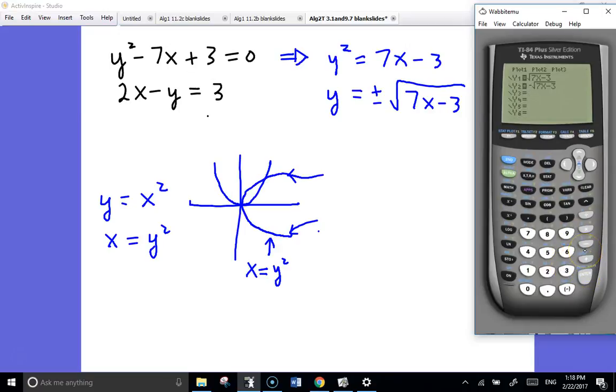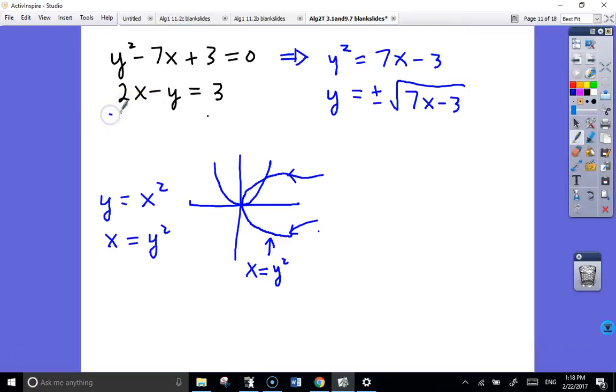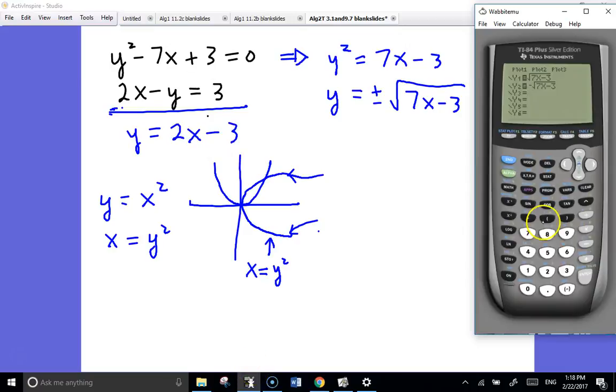Together, that's the parabola. Now I still need to put in 2x minus y equals 3, because that'll be y equals 2x minus 3. So on line 3, I'm going to put in 2x minus 3.